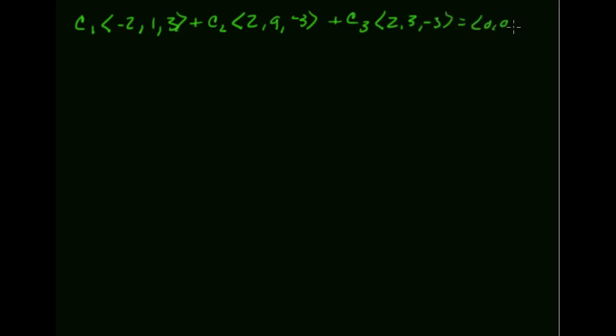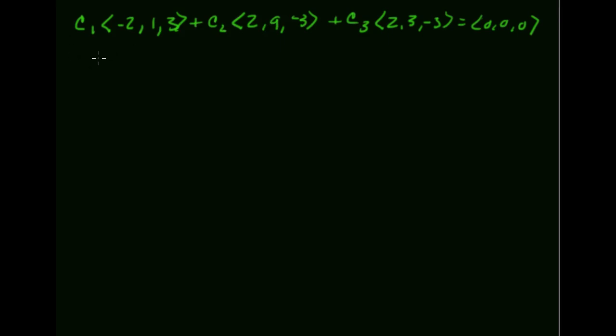If I let that happen, and I can get something other than C1, C2, C3 being 0, 0, 0, then I am linearly dependent, because if it is linearly independent, all three of those coefficients have to be 0.